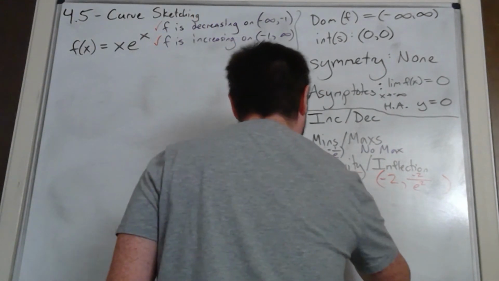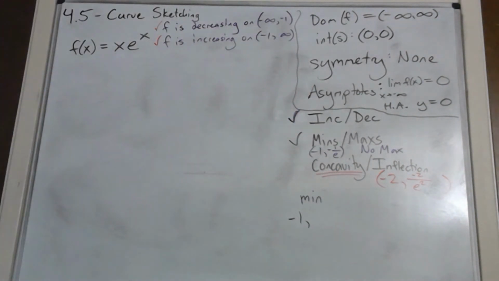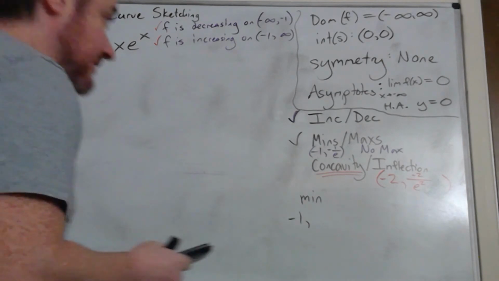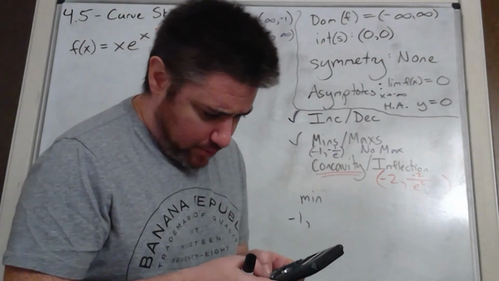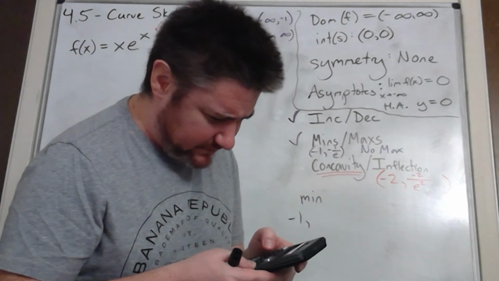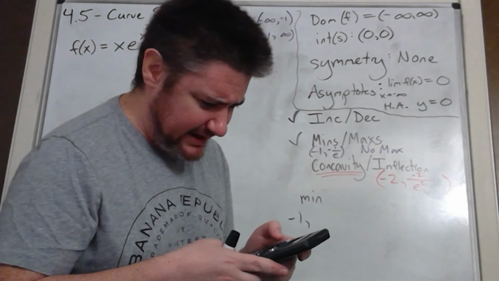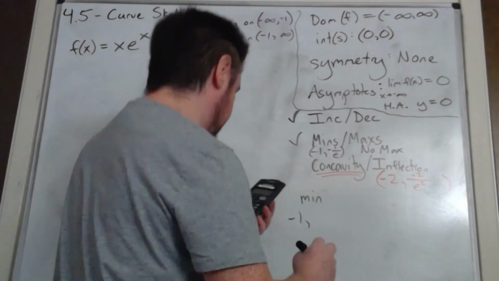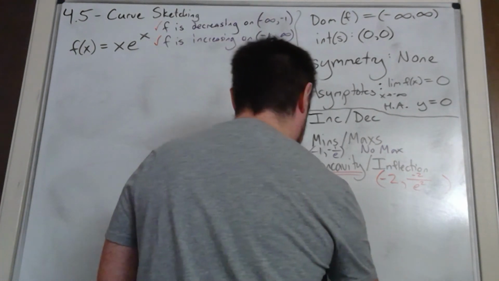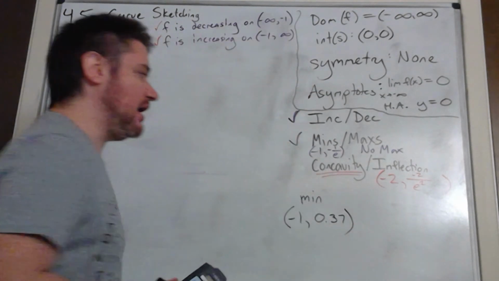Let's see what we've got here. The minimum is the point -1, comma, approximately, let's see, 1 divided by E is approximately 0.37. All right, approximately.